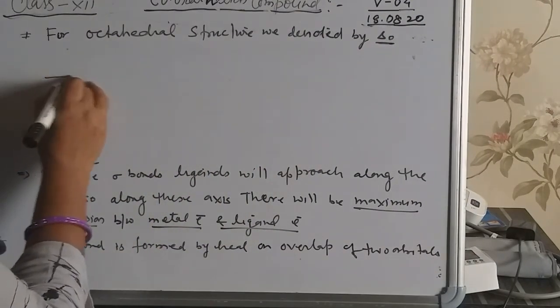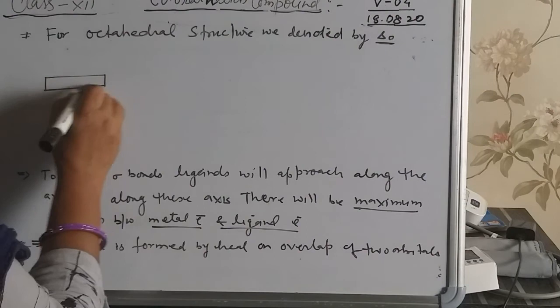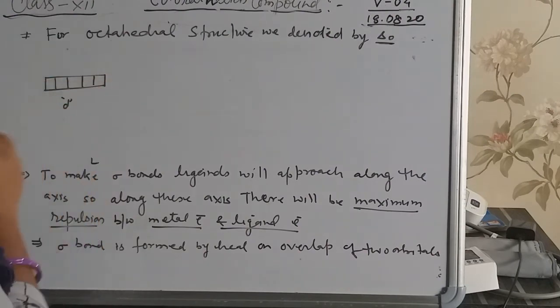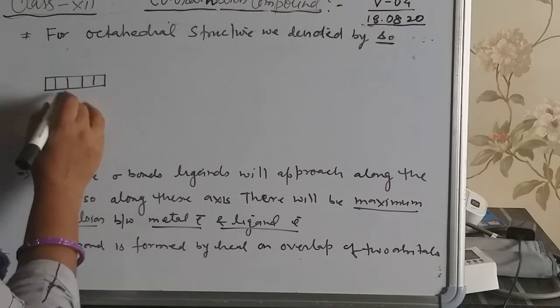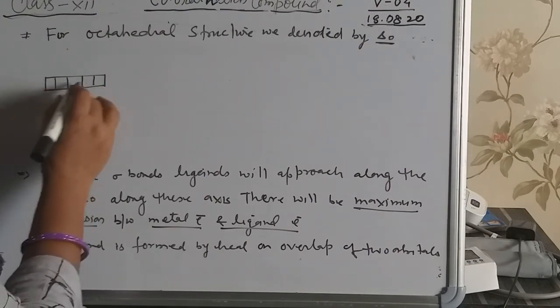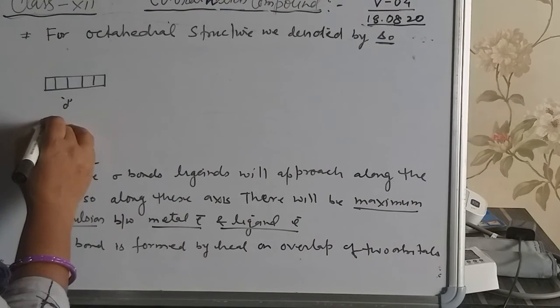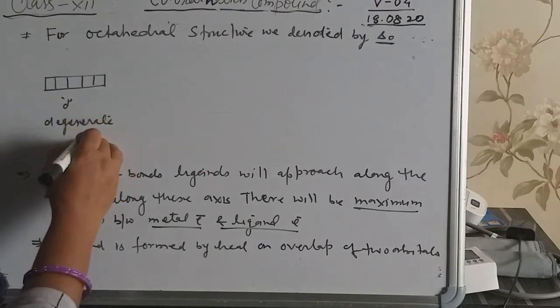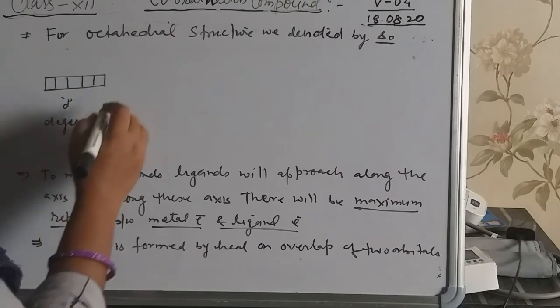So let's discuss. These are the d orbitals. When no ligands approach, they are called degenerate because all of them have equal energy. So these are the degenerate orbitals.